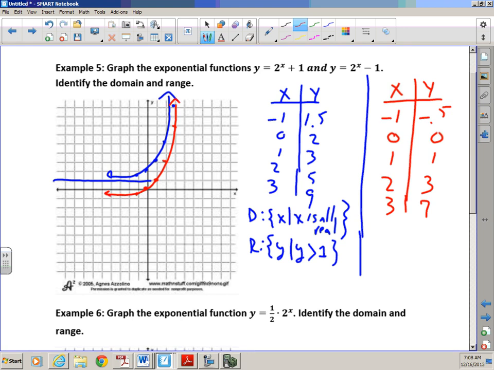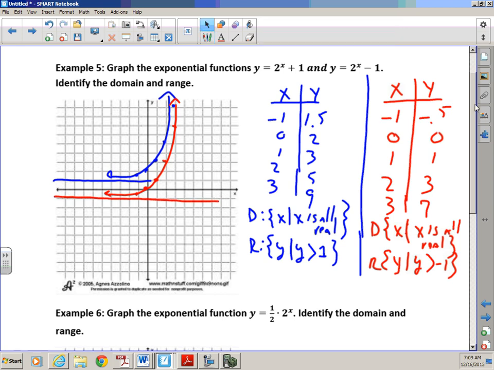It's the same curve, but now it's been shifted down. My domain, x is all real, and then hopefully you'll see that your range is y is greater than -1, because it'll bottom out down here. So by adding or subtracting, what I've merely done is translated my graph up or down.